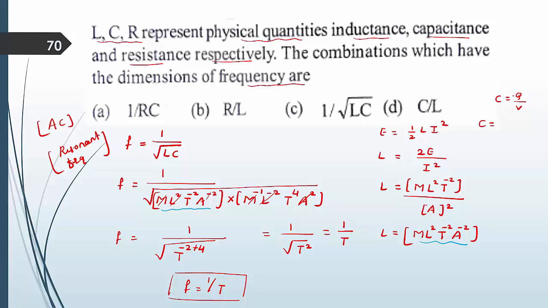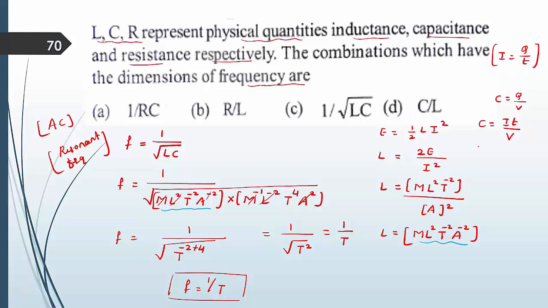So in place of Q I am going to write I into T, divided by V, which indicates potential difference or voltage. Why do we write I into T in place of Q? Because we know that electric current is I equal to Q by T, so Q equal to I into T.